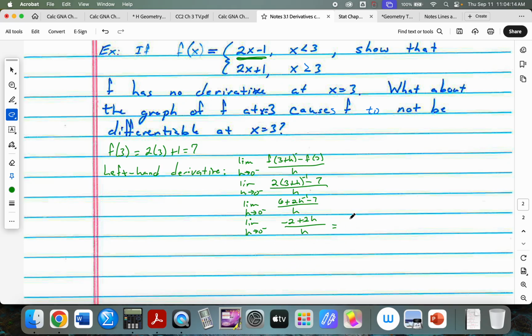Now, with that one, I'll have the limit as h goes to 0 from the left of negative 2 over h plus 2. As h gets close to 0, what happens to this fraction?